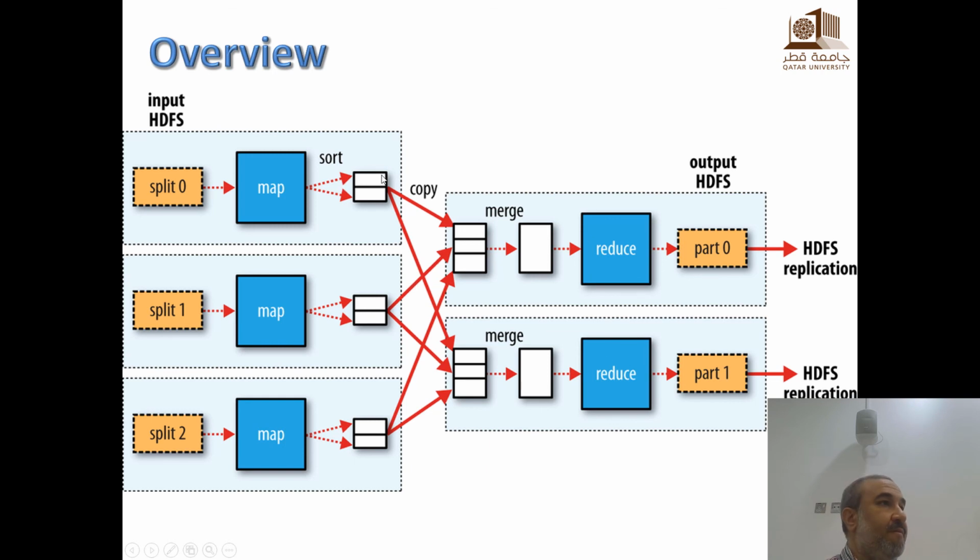Each partition is for one reducer. So the first one goes to this one, the second one goes to this one. From another mapper, again, two partitions. Third mapper, two partitions. Now these partitions at the reducer side will be merged together to produce the input to the actual reducer. So in this scenario, we have only two reducers.